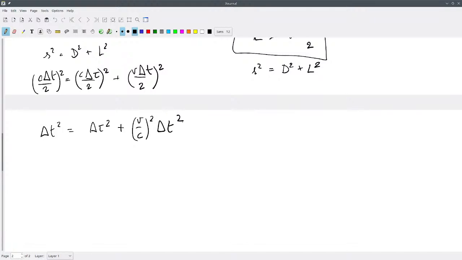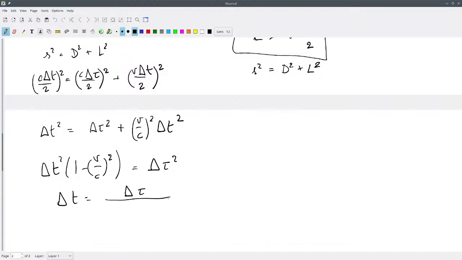And I can rewrite that now as delta t squared times 1 minus v over c squared is equal to delta tau squared, or delta t is delta tau divided by the square root of 1 minus v over c squared.